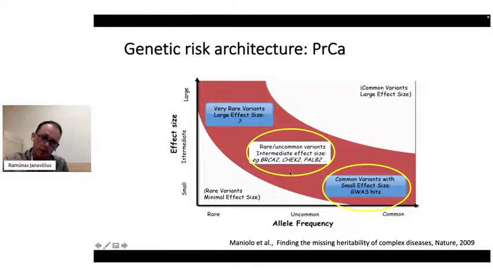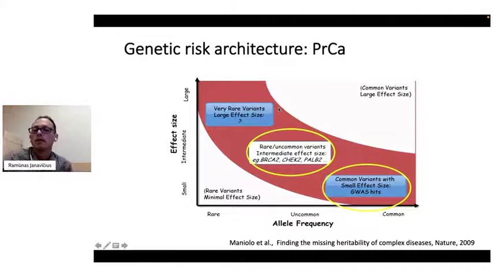So in this presentation I will mostly talk about intermediate variants or mutations, because very large-risk, high-risk variants are still not known.